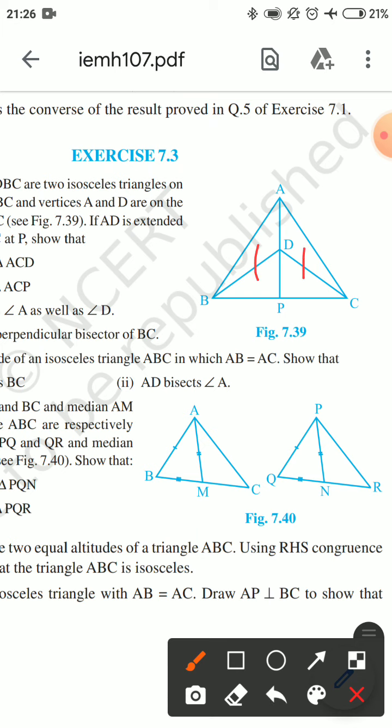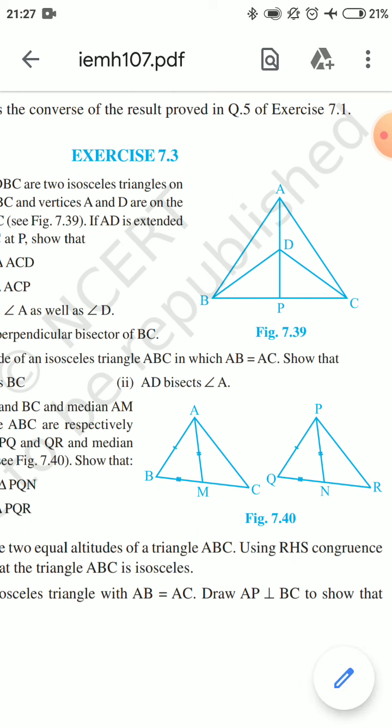So by CPCT this side will be equal to this side, side BP is equal to side PC. And in the first part we have proved that angle APB is equal to angle APC, and they were equal to 90 degrees. So we can say that line AP is the perpendicular bisector of BC.